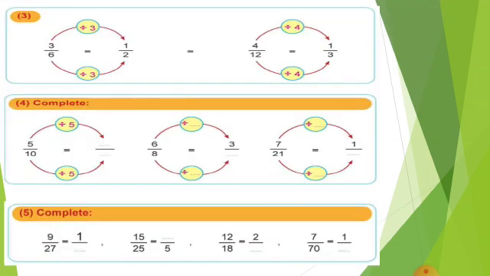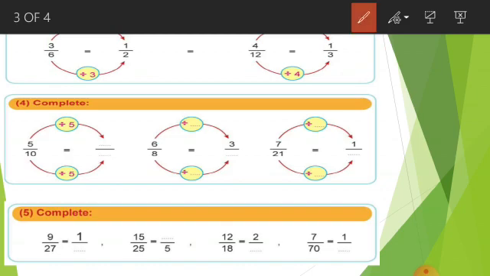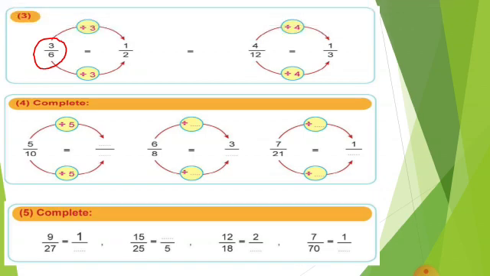Okay, all these examples are in your school book. Number 3. From the previous example we took 3 over 6. Here 3 over 6 equals a half. How did we get there? We divided by 3.